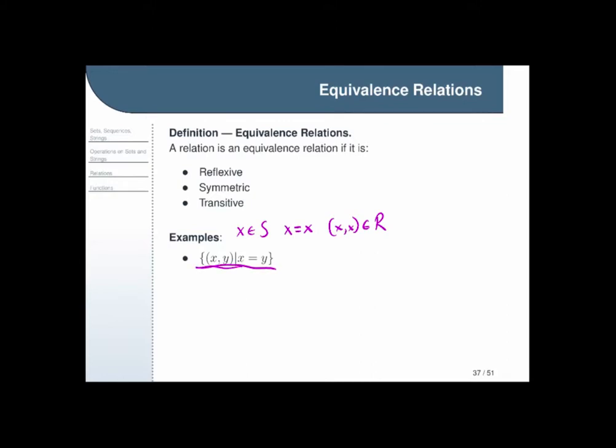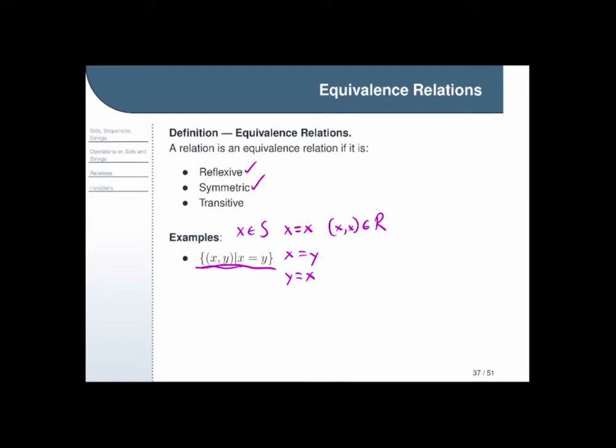And so therefore, equality is certainly reflexive. So the next thing we would check is symmetric. Well, if I have two elements in some set, and let's call them x and y, and I find that they are equal to each other, x equals y, then it's certainly also going to be the case that y is equal to x, right?